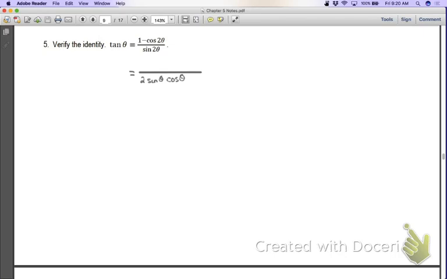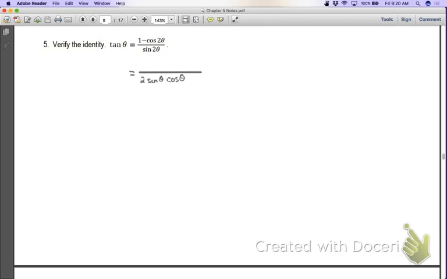Now, here's where you have a decision to make. I have tangent of theta over on the left side, and I'm not worried about that right now. I have 1 minus cosine of 2 theta. What's the problem with a double angle with cosine? How many different options do I have?